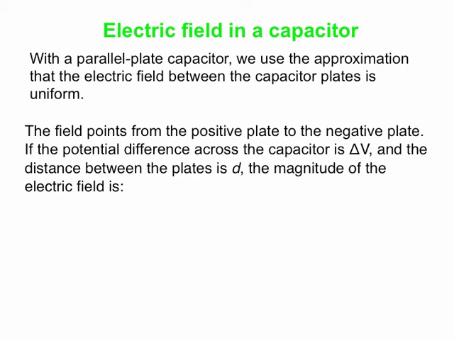Okay, we say our potential difference across the capacitor is delta V, the distance between the plates is D, then our field is simply delta V over D. That's just magnitude-wise. The direction again is from the positive to the negative plate. Okay, so there's electric field in a capacitor. And really that stored energy is stored in this field.